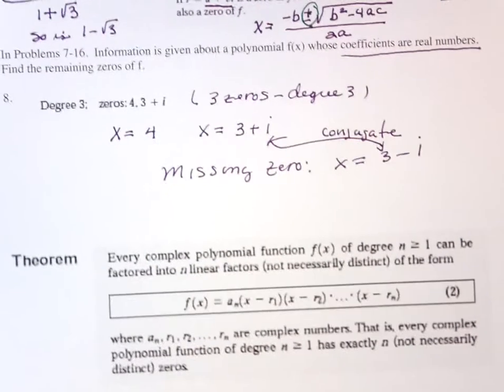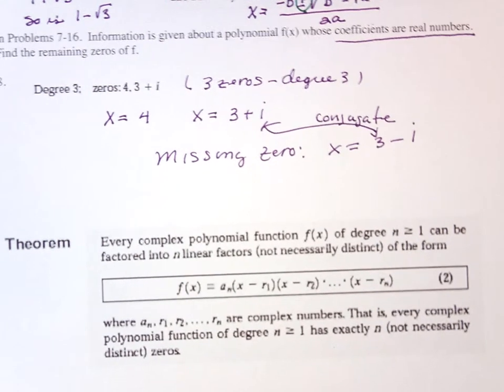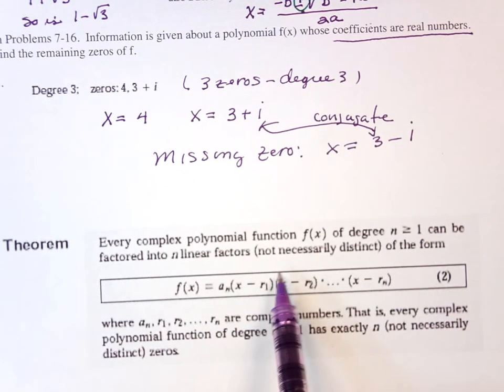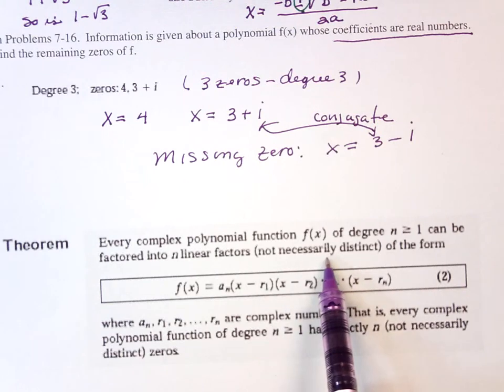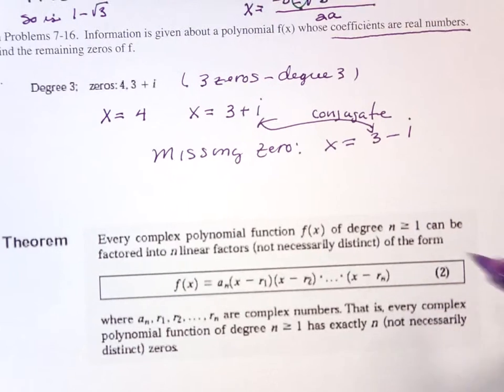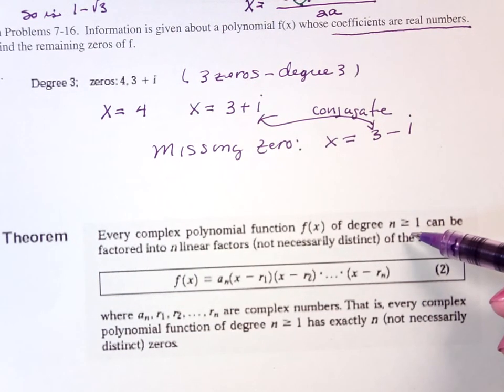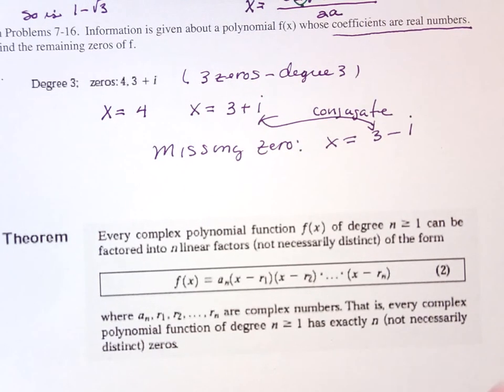Which leads us to the next theorem, which looks bad, but it's not. It says, every complex polynomial function f of x, of degree n greater than or equal to 1, can be factored. And by the way, if I have degree 0, that's a constant. So the polynomial f of x equals 5 doesn't have any meaning because it doesn't have any zeros. It won't touch the x-axis.